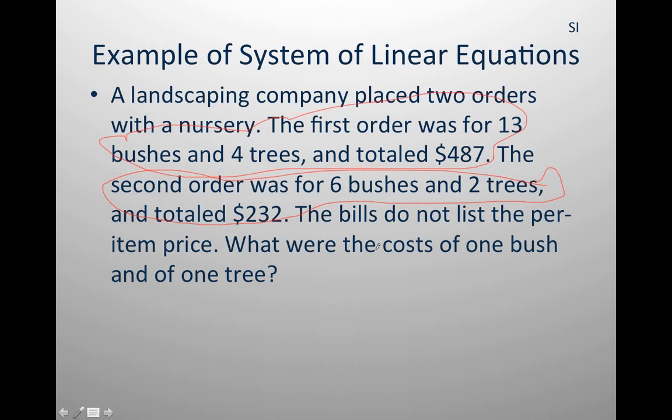Okay. So in the first one, we've got 13 bushes. So we can say the bushes can be x plus 4 trees, which will be y, and that'll total 487.